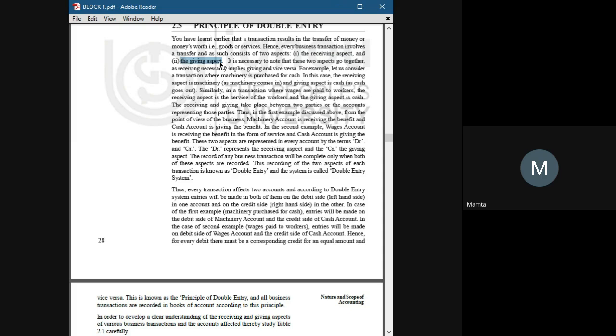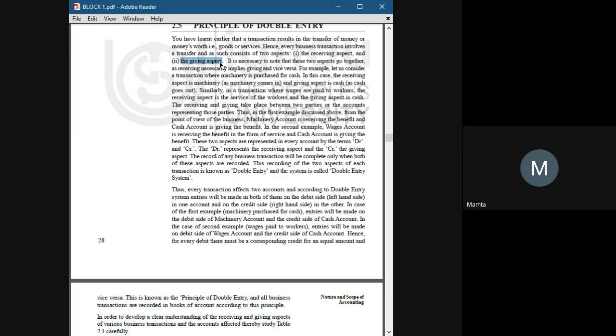I am giving cash for land and building. I am giving cash for machinery. Cash is the giving aspect, and machinery I am receiving against it. So this is what dual effect is. One thing has a giving aspect and another has a receiving aspect.